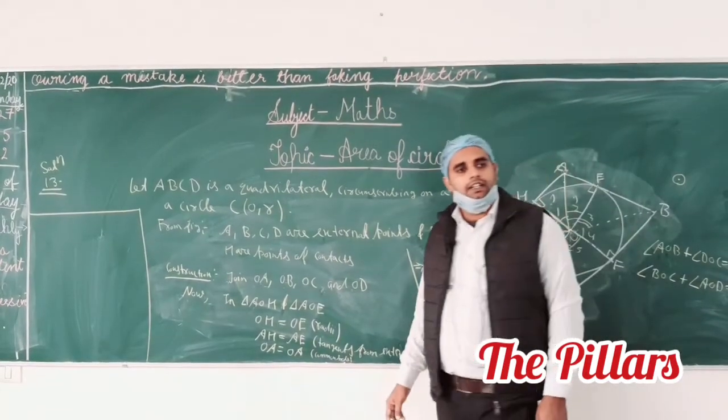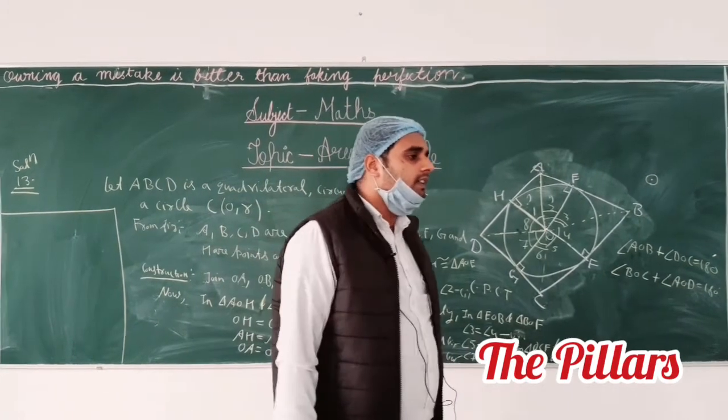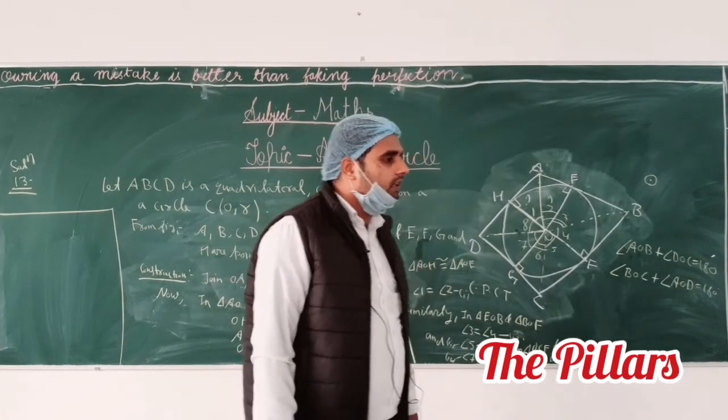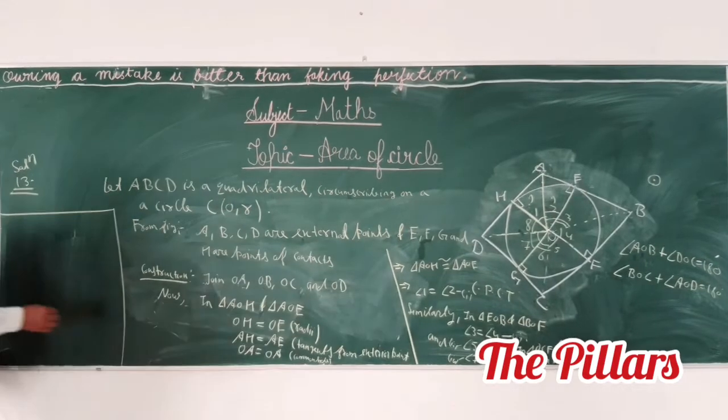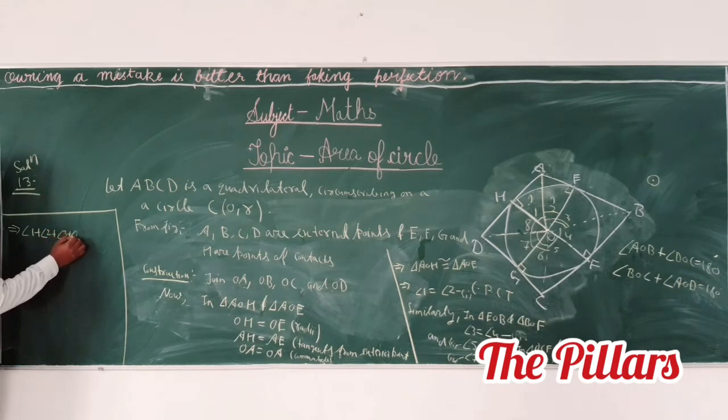All angles around the center of the circle is 360 degrees. So directly you have to mention: angle 1 plus angle 2 plus angle 3 plus angle 4 plus angle 5 plus angle 6 plus angle 7 plus angle 8 equals 360 degrees.